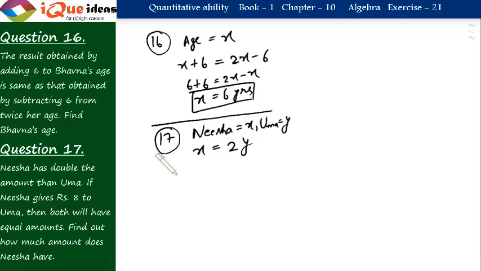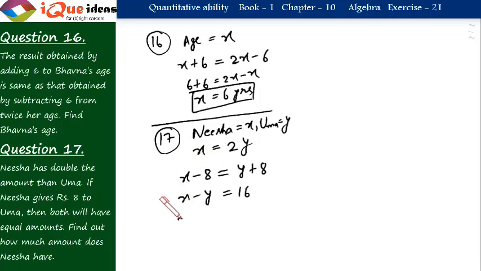And the second relation says if Nisha gives rupees 8 to Uma, so Nisha's amount will become X minus 8 and Uma's amount will become Y plus 8. And they will have equal amounts. So this is the second equation. Now in the second equation we have X minus Y equal to 8, which goes to the other side and becomes 16. In the second equation put X equal to 2Y.